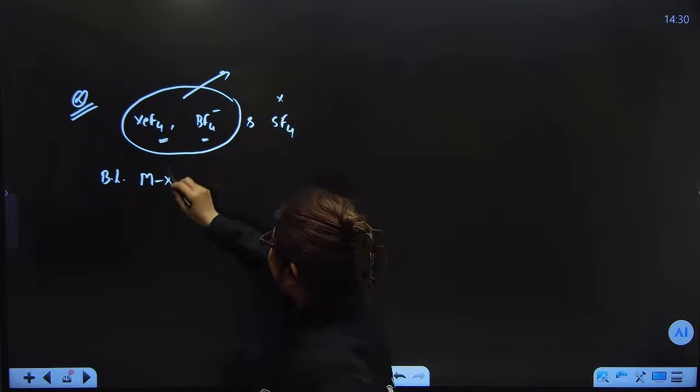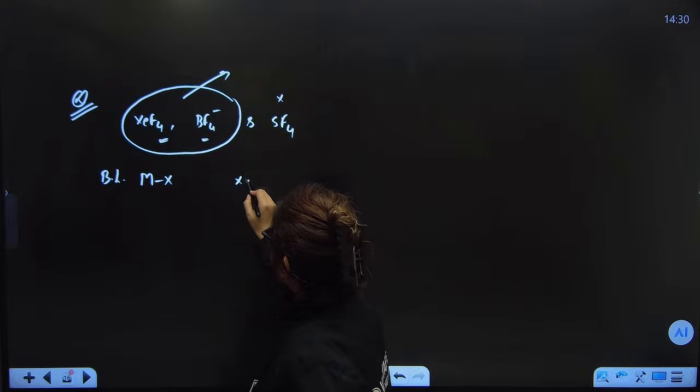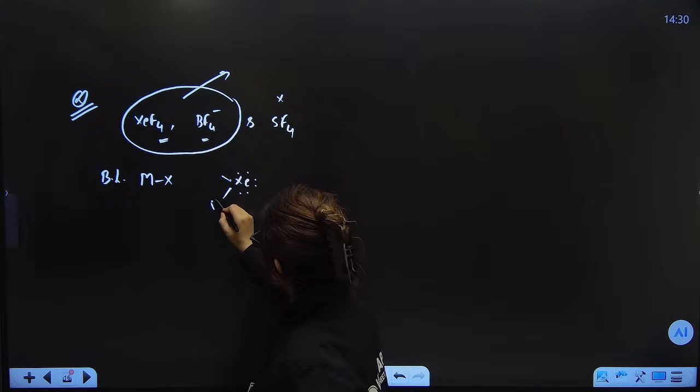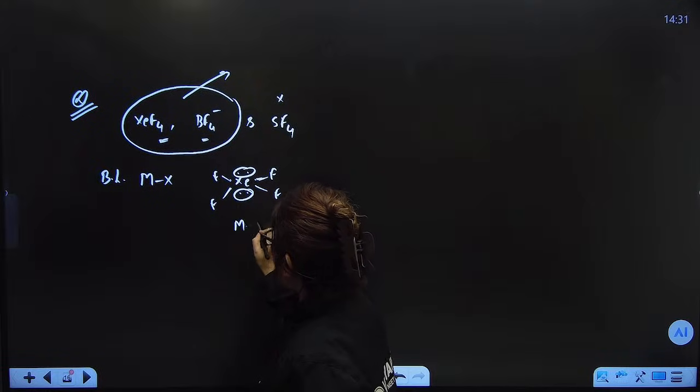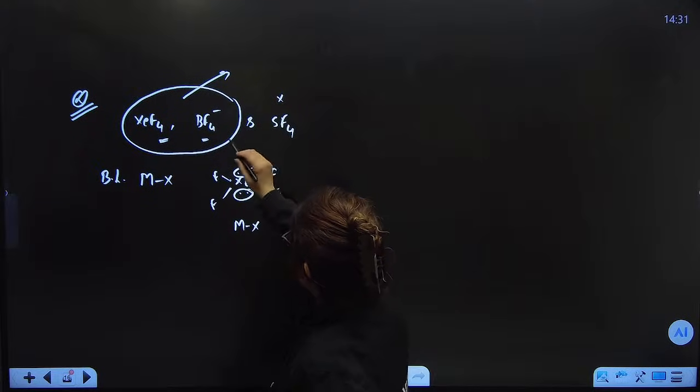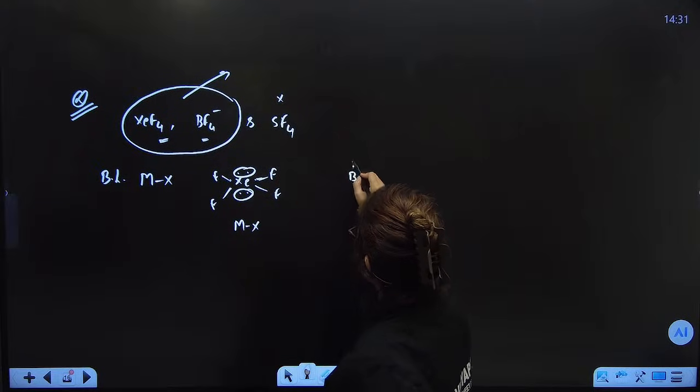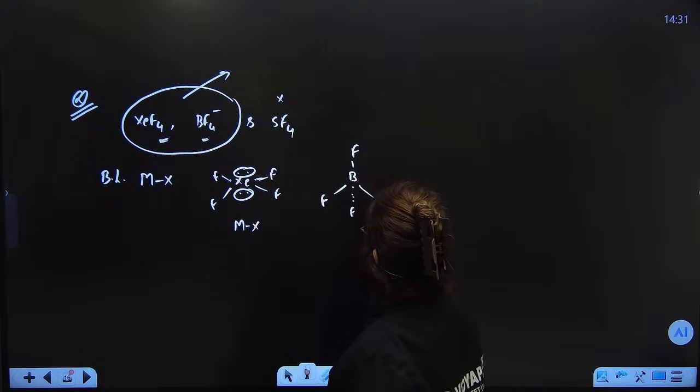Let's check it. Xe has a total of 8 electrons, so this becomes a square planar geometry, with one lone pair on each side. Yes, all the M-X bond lengths are the same, right? Let's talk about BF4. It is a tetrahedral shape. It also has the same bond lengths.